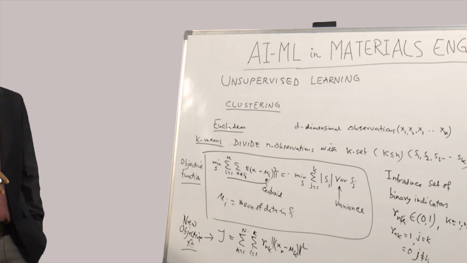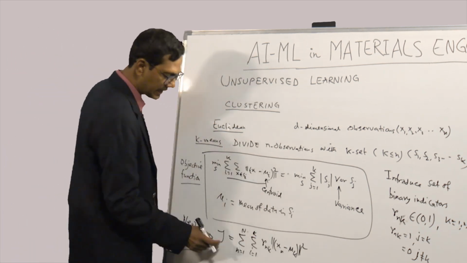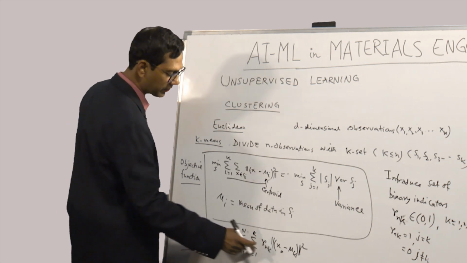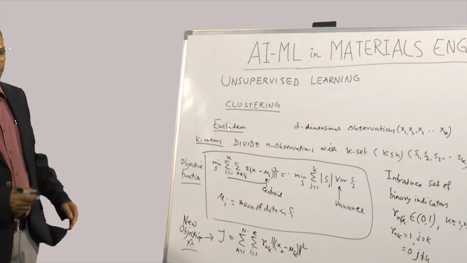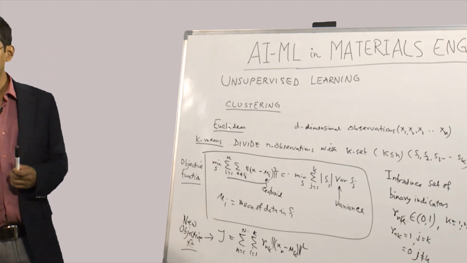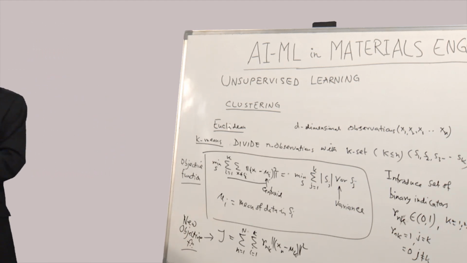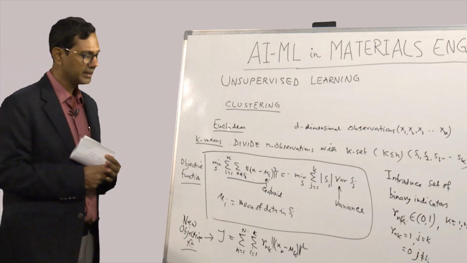So, how is it done? Very simple. If I put R_nk equal to 1, then J has some value; if I put R_nk to 0, it has 0 value. So J has only two values. Rather, let me write down the equation of R_nk very simply, then you will be able to understand.